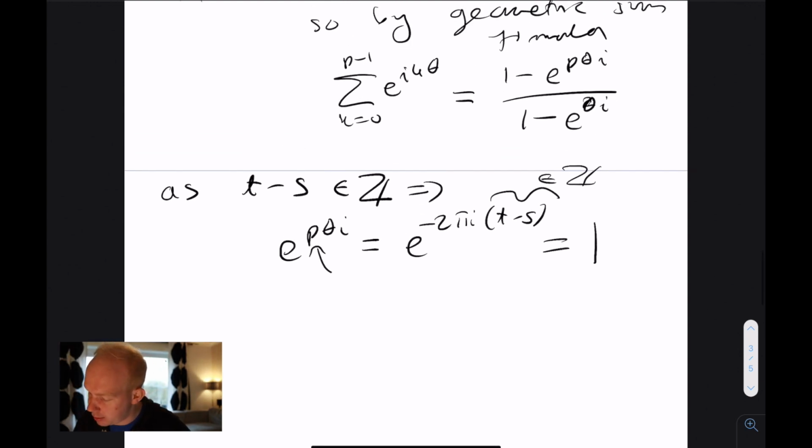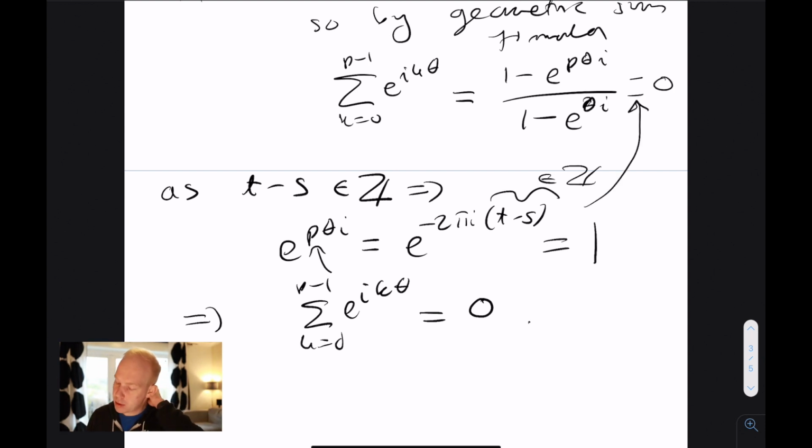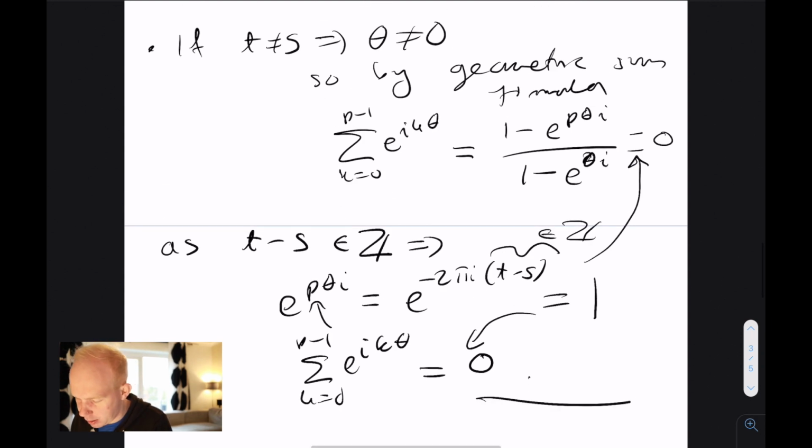So that implies that the sum over k from 0 to p minus 1 of e to the power i k theta is equal to 0, because then the numerator is equal to 0. So that's the proof of this.